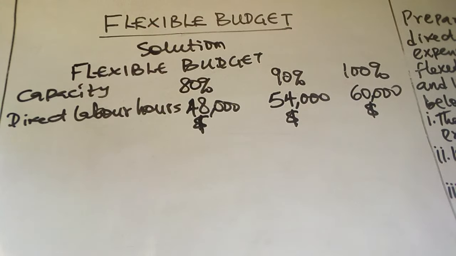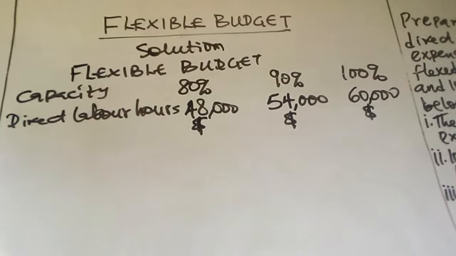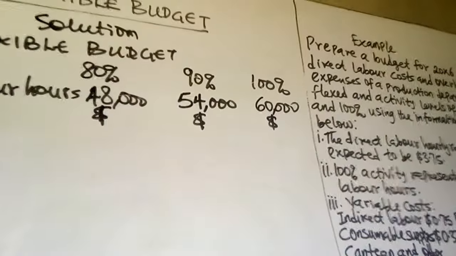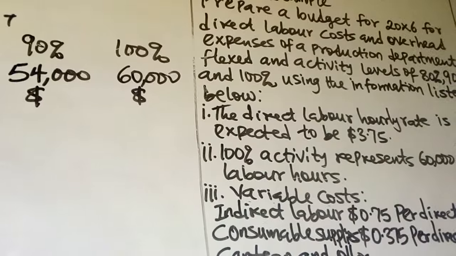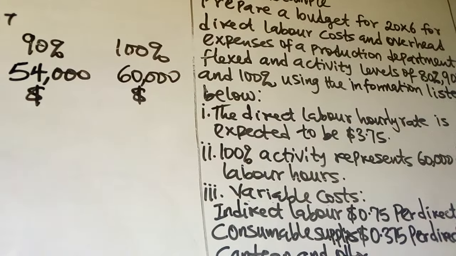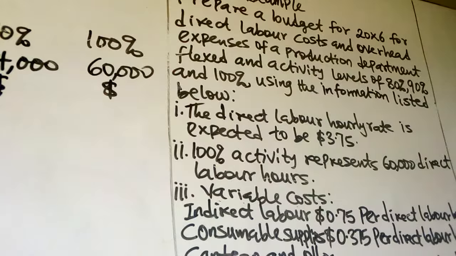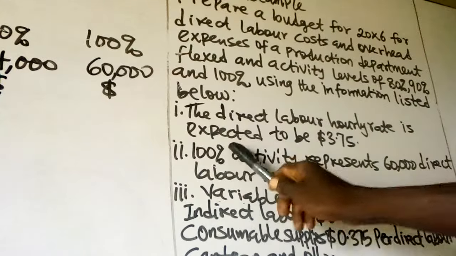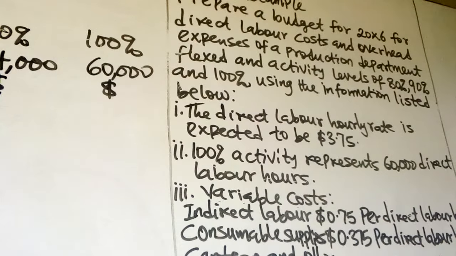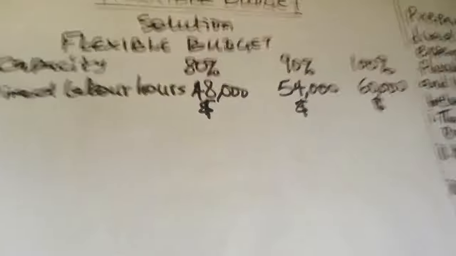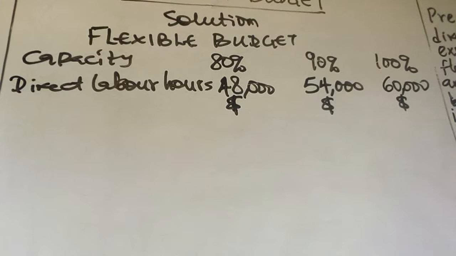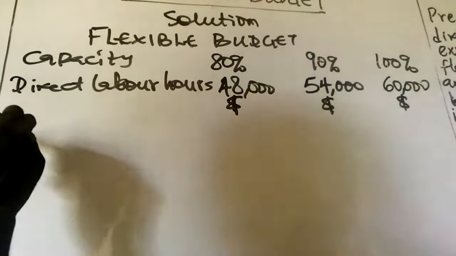The first cost item you are given is direct labor. Note 1: you were told the direct labor hourly rate is expected to be $3.75.